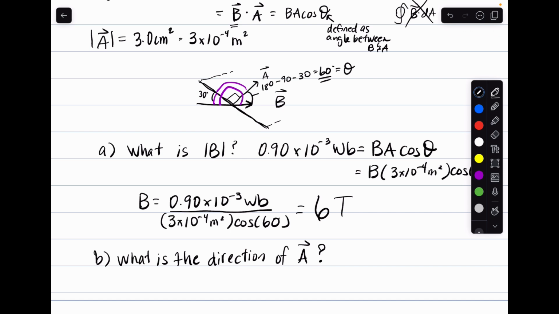In reference to B, we would say that A is 60 degrees from B. We also know that A is 90 degrees from the plane of the paper, which is basically the definition of the area vector.